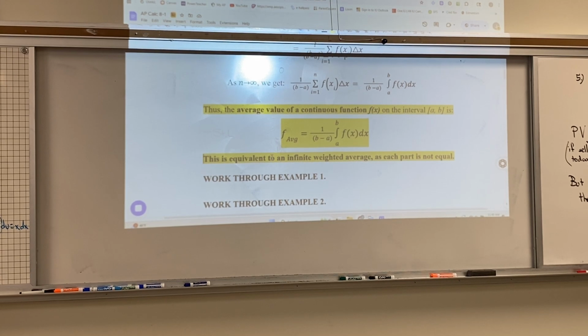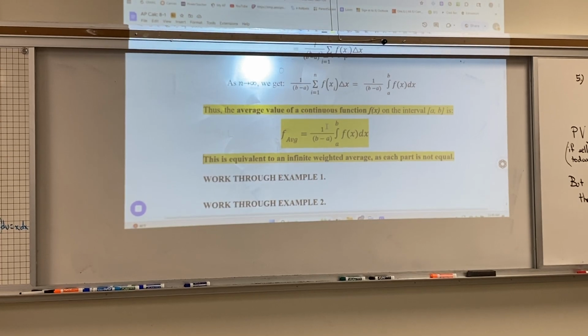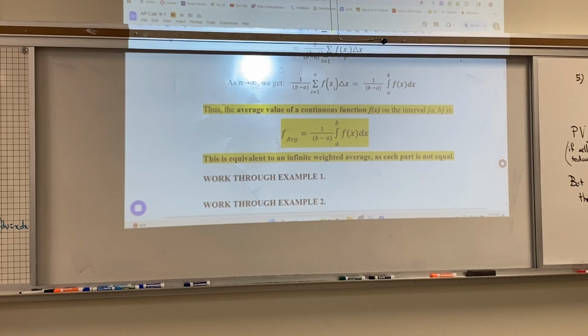The average value of the function is equal to 1 over b minus a, which is the width, that's going to be constant, times the integral from a to b of the function I'm trying to find the average of, which is the area under the curve, or the area to the x-axis. Net area under the curve, right? So sometimes it can be negative.